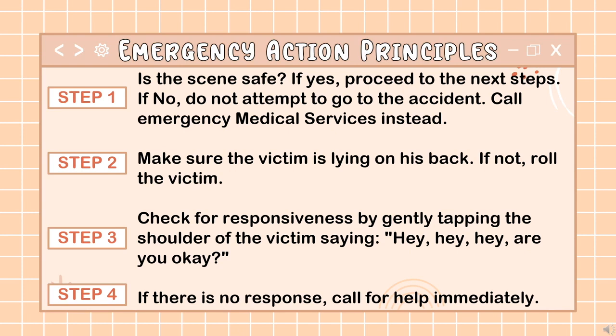Step 2. Make sure the victim is lying on his back, and if not, roll the victim. Step 3. Check for responsiveness by gently tapping the shoulder of the victim by saying, "Hey, hey, hey, are you okay?" Step 4. If there is no response, call for help immediately.